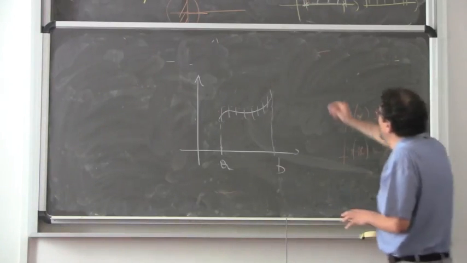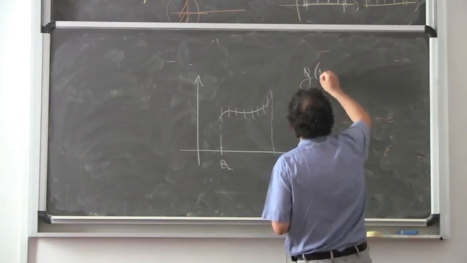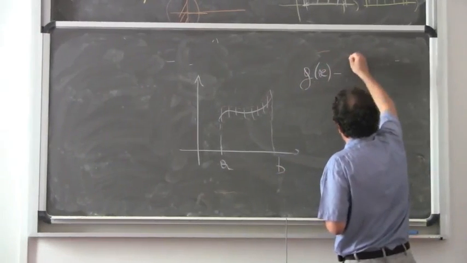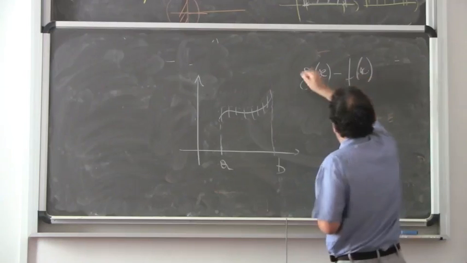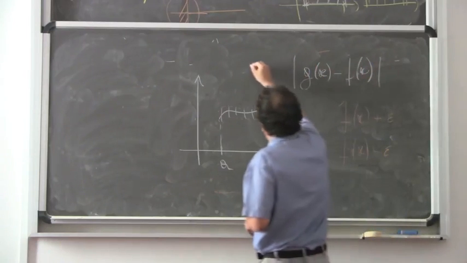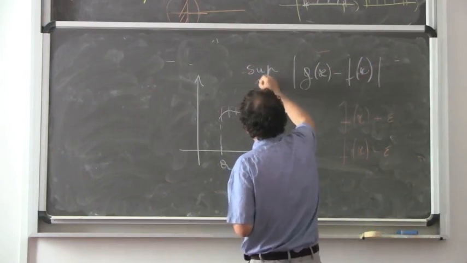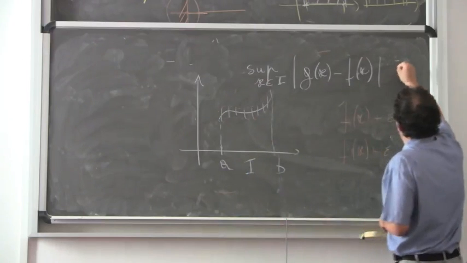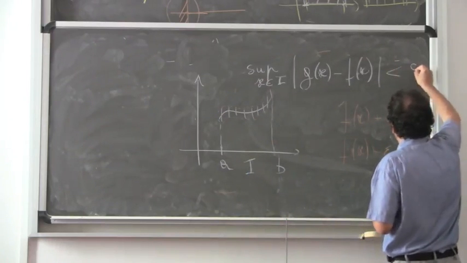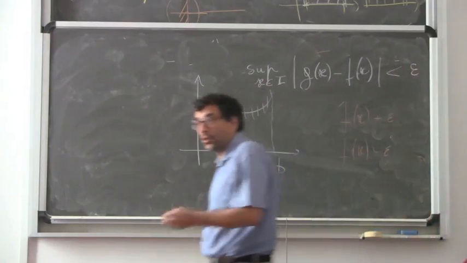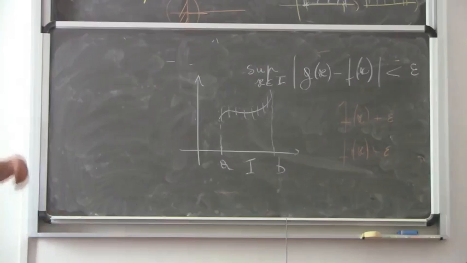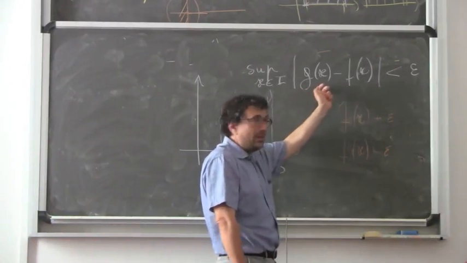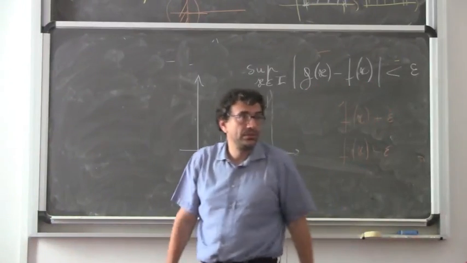Okay. If you have a function g of x such that the absolute value of g x minus f x, when x belongs to this interval, is less than epsilon. So if the biggest value of this difference is less than epsilon, what you have?